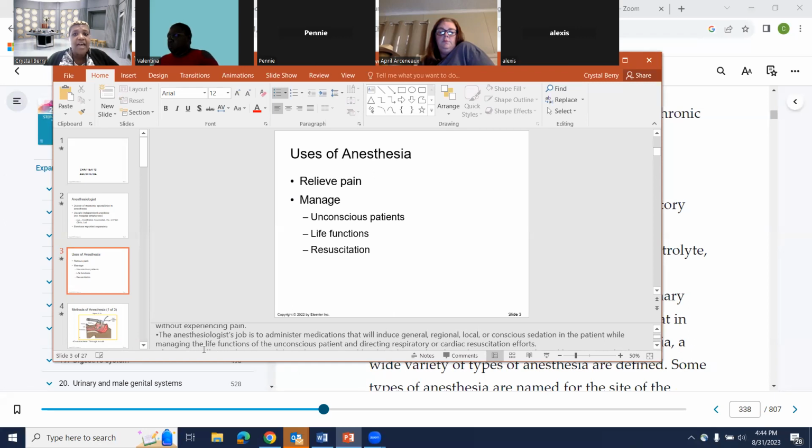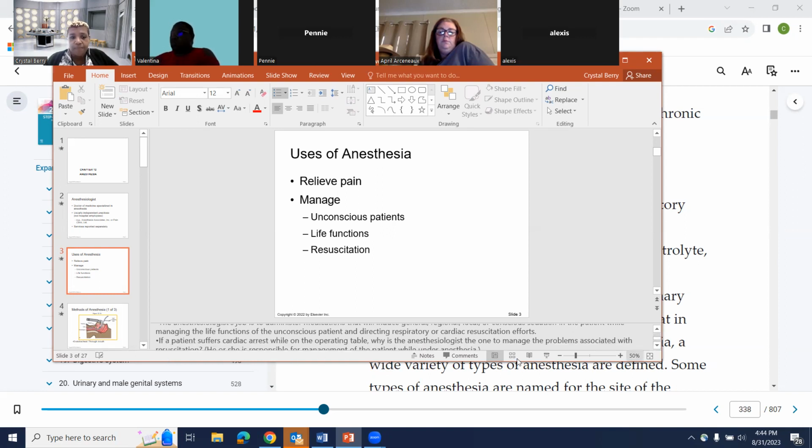The anesthesiologist's job is to administer medication that will induce general, regional, local, or conscious sedation in the patient while managing the life functions of the unconscious patient and directing respiratory or cardiac resuscitation efforts.